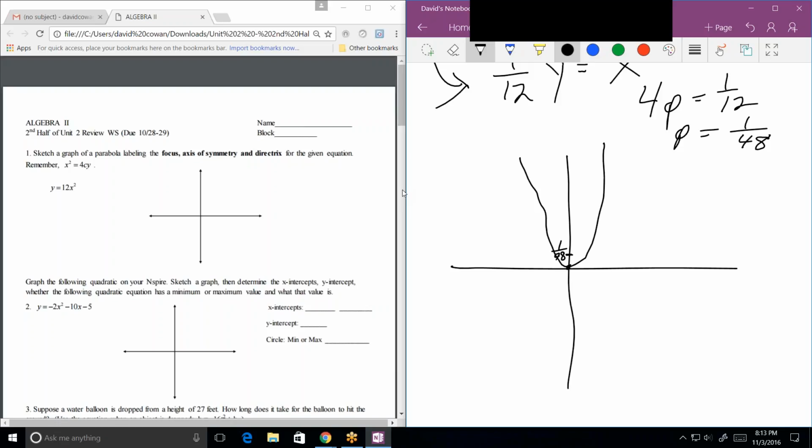That seems like a strange p, but we can go back and check it. And then the directrix is always perpendicular to the axis of symmetry, and the equation of this line would be y equals minus 1/48.